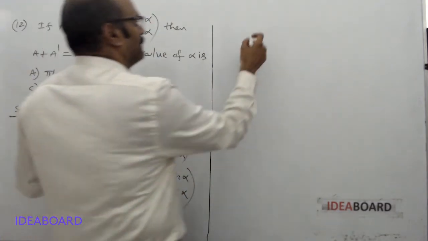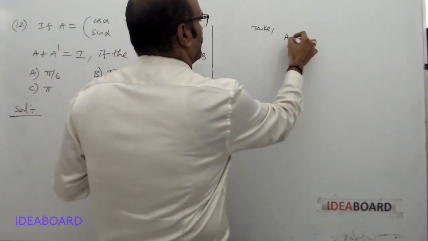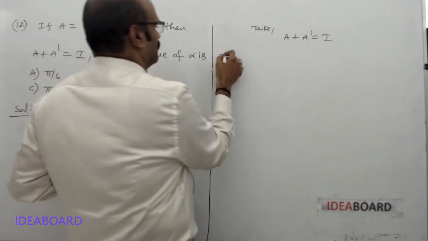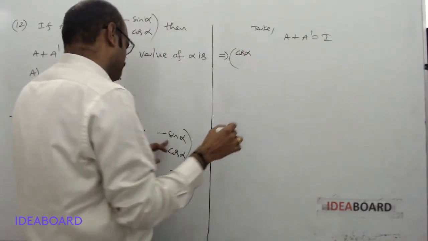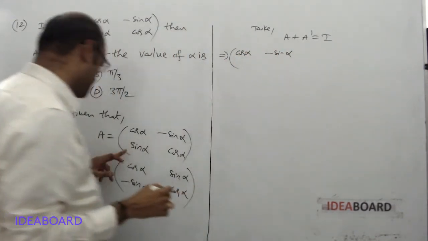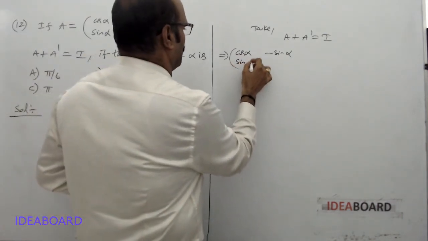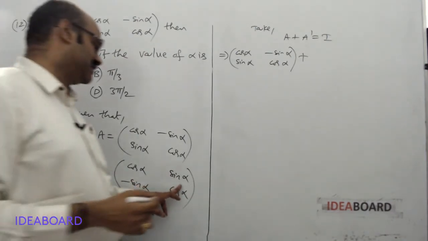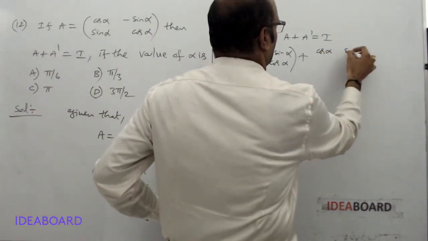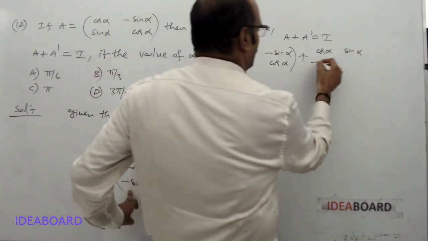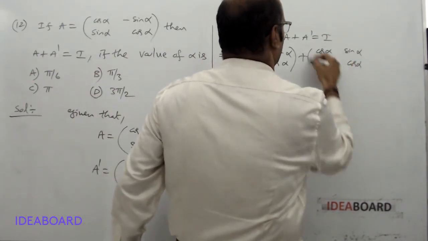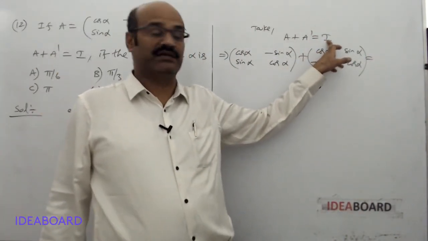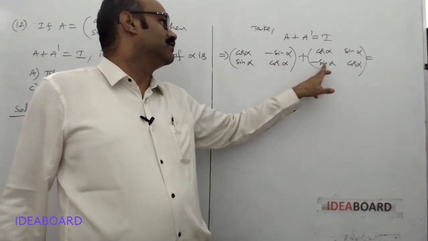So take A plus A transpose equal to I. Now the matrix A plus A transpose equal to the 2 by 2 identity matrix we have to take here, since we have a 2 by 2 matrix.